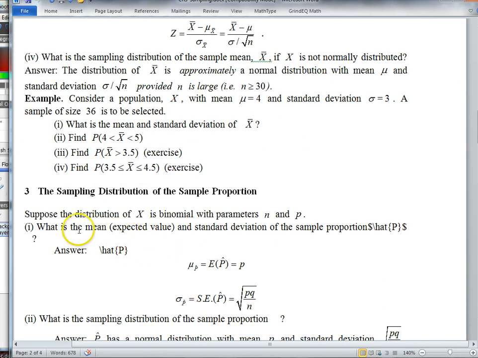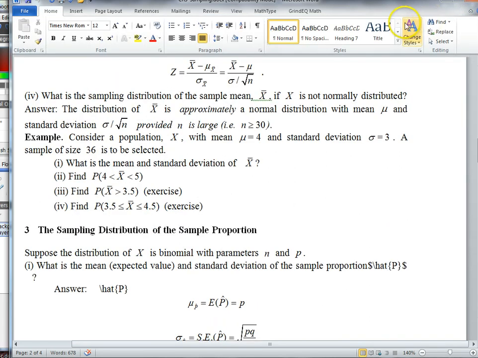For proportions now, suppose the distribution of x is binomial with parameters n and p. What's the mean and standard deviation of, this should be p hat. I think I can fix that.